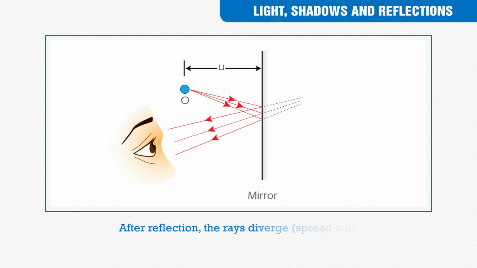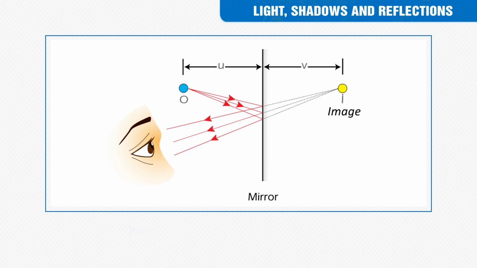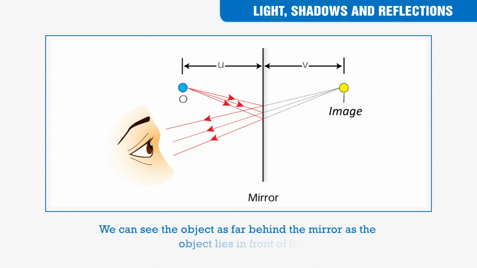After reflection, the rays diverge or spread out. These diverging rays appear to the viewer to come from a point I located behind the mirror. Point I is called the image of the object O. We can see the object as far behind the mirror as the object lies in front of it.